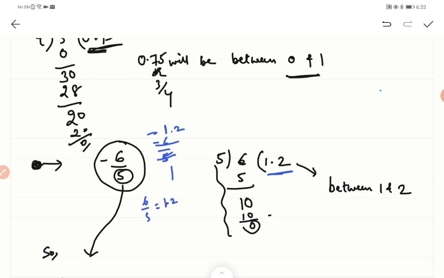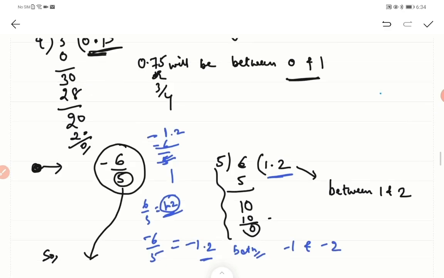What do you understand by this? The number is a little greater than 1 in magnitude, so -6 by 5, which is equal to -1.2, will come somewhere between -1 and -2, isn't it?